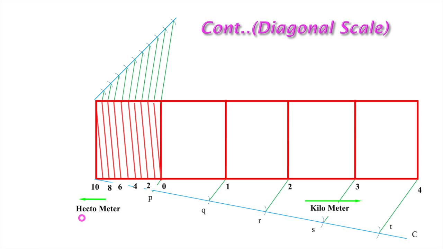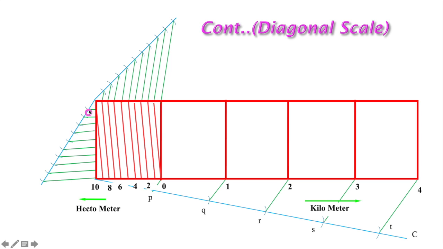So we are having 0.1 kilometer divisions, but still we don't have 0.01 kilometer divisions. To have that, divide the width of the scale into equal 10 divisions, and join the last points and then draw parallels.